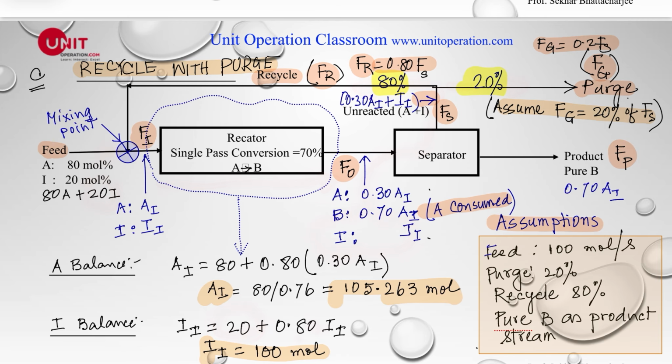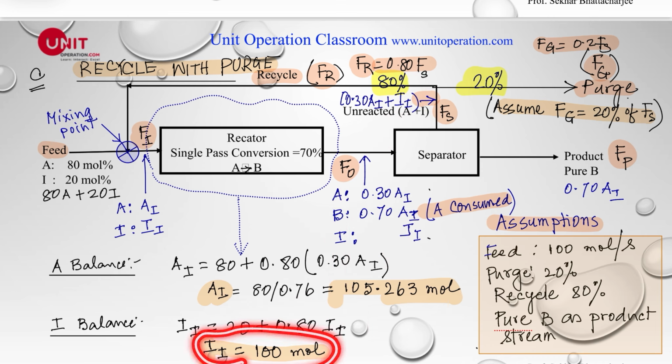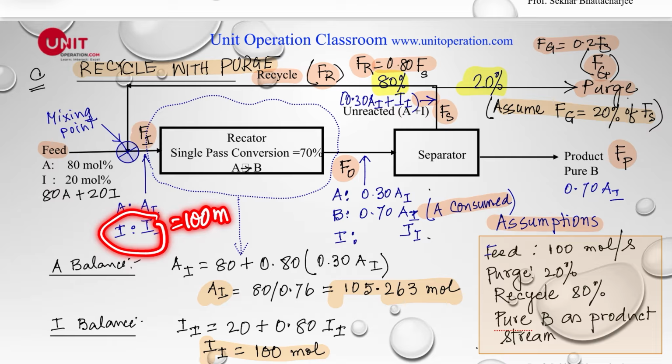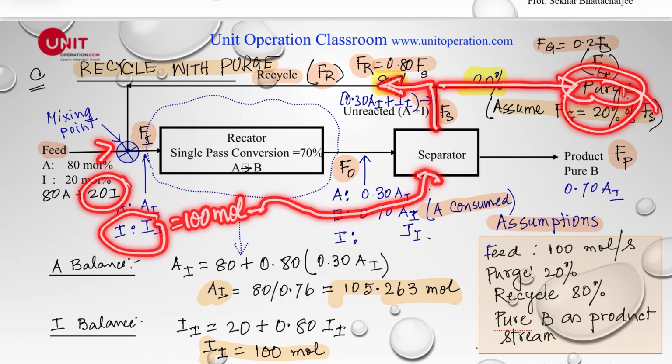So this would be equal to 0.80 times I_I, where 0.80 stands for 80% and I_I is going right here. So I_I becomes 100 moles. So if 100 moles of inert comes in here, that 100 moles of inert goes right here, 80 moles coming in on here, and 20 moles of inert is continuously purged. So this is the 20 moles of inert coming in, and this 20 moles of inert continuously purged.